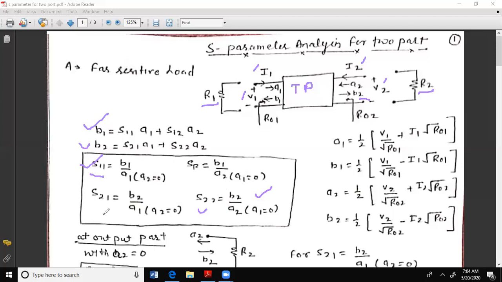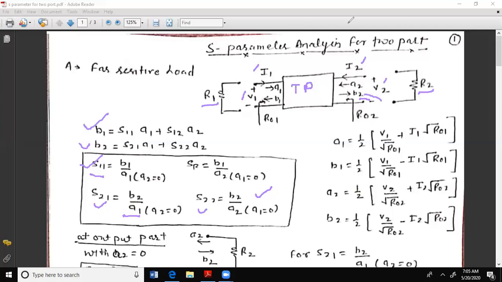There are two more important terms. S21 is the ratio of B2 by A1. A1 is the incident power at the input port.